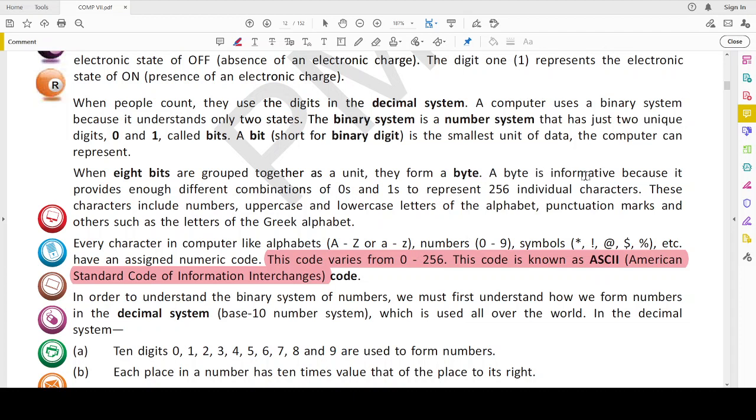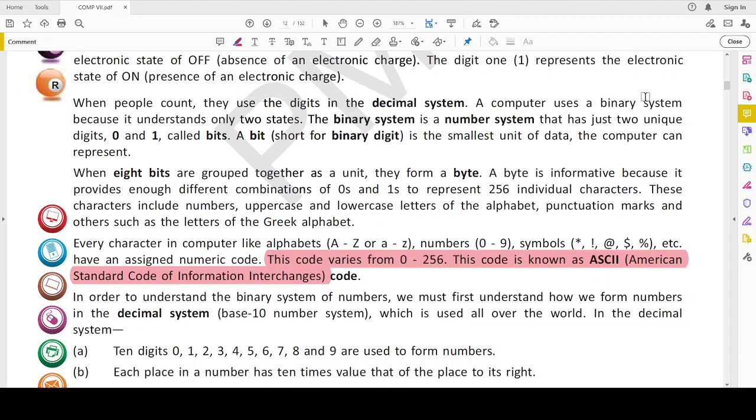A byte is informative because it provides enough different combinations of zeros and ones to represent 256 individual characters.